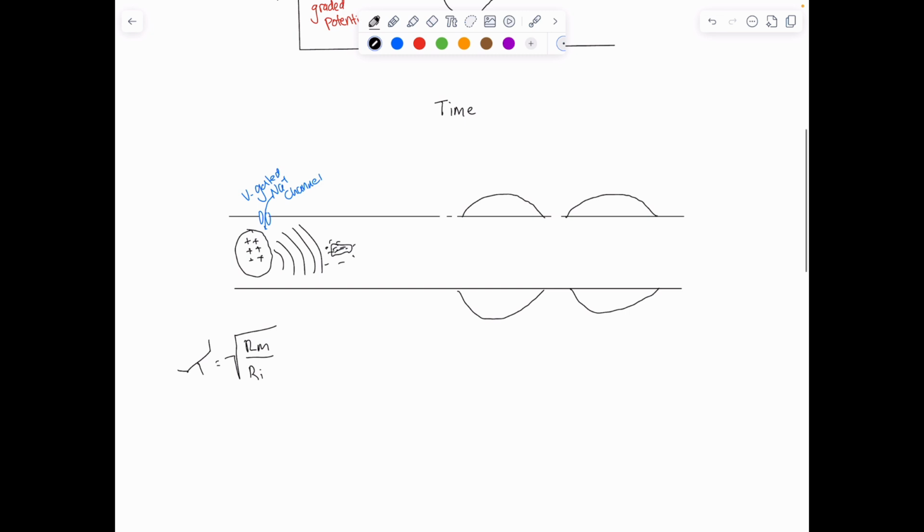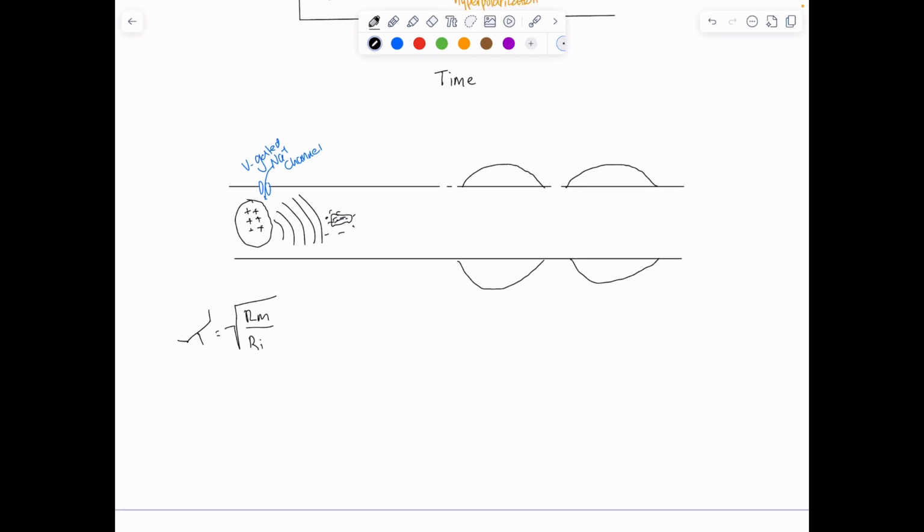That is when we get into capacitance. The equation for capacitance is Q over the voltage, where Q is our charge separation, and our volts are in millivolts.